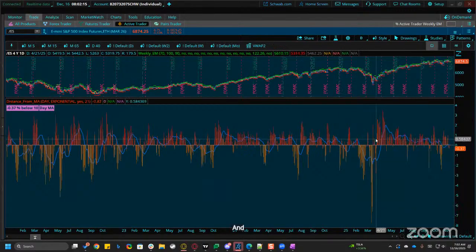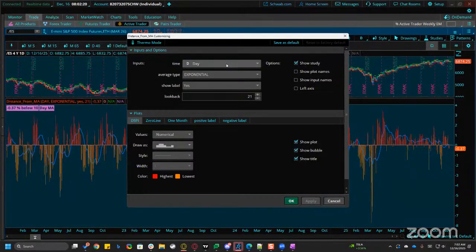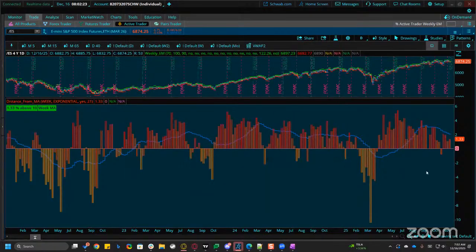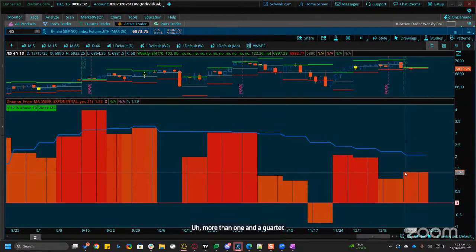And for the weekly, we are still above the 10-week, more than 1.25. Everything looks fine here. Between these two, we're still not overbought, overextended.